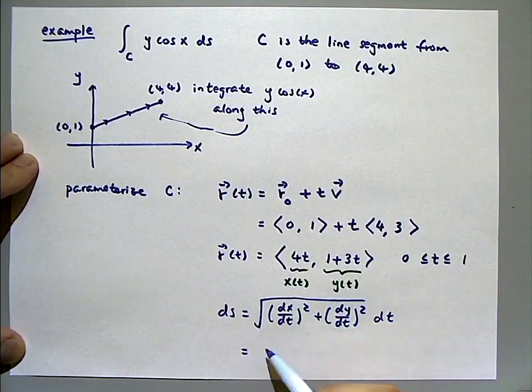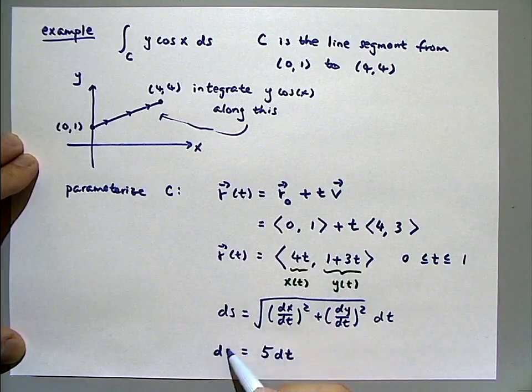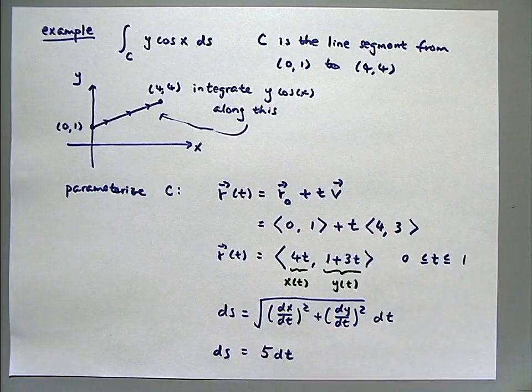The radical gives us a 5. And we, of course, only take the positive root because this is a differential length, a differential distance.